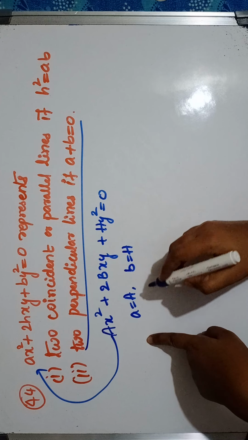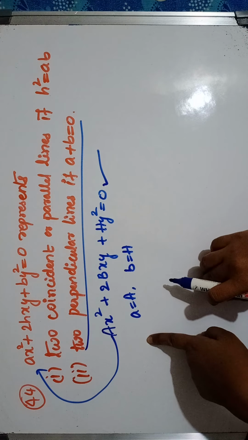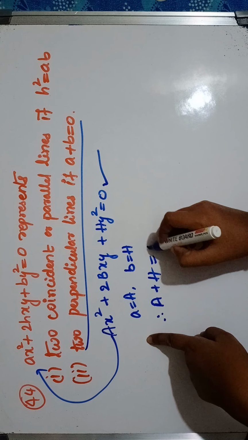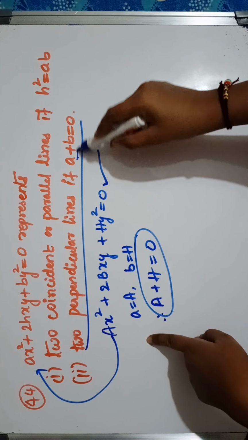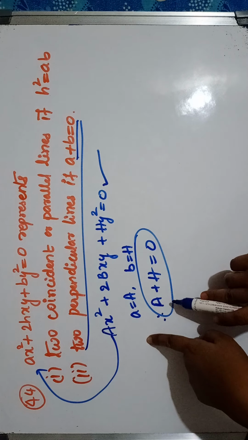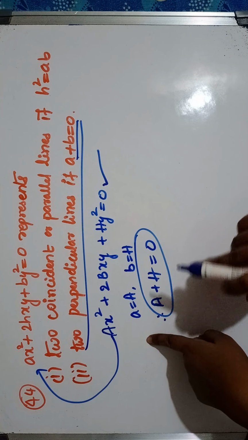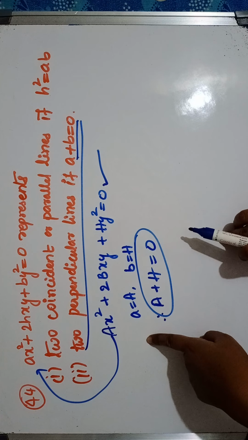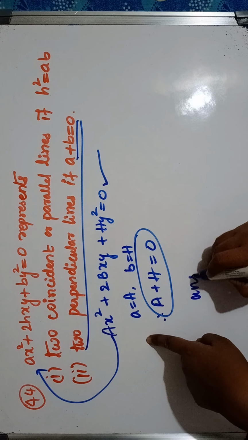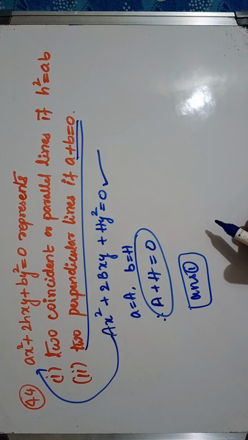Since this pair of lines has to be perpendicular, therefore A plus H must be equal to 0, because a plus b equal to 0 represents perpendicular lines. Therefore, the required answer is option 1, A plus h is equal to 0.